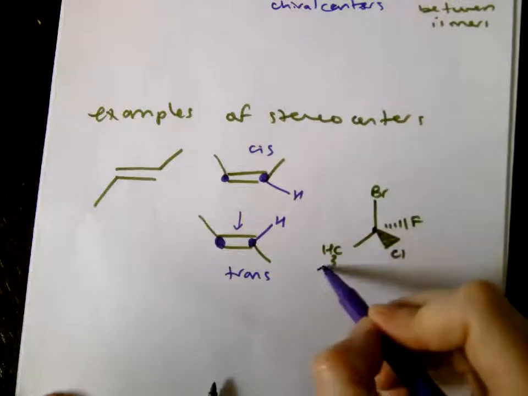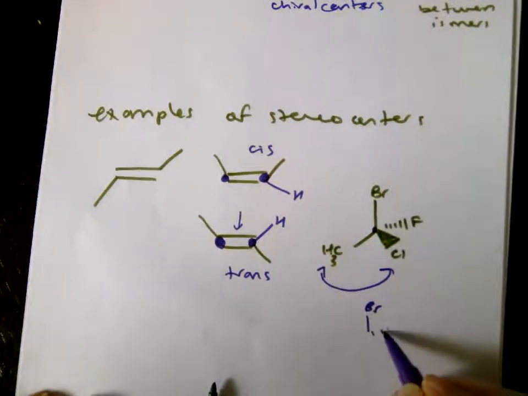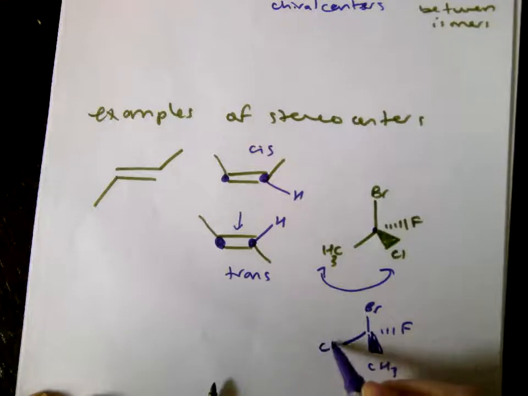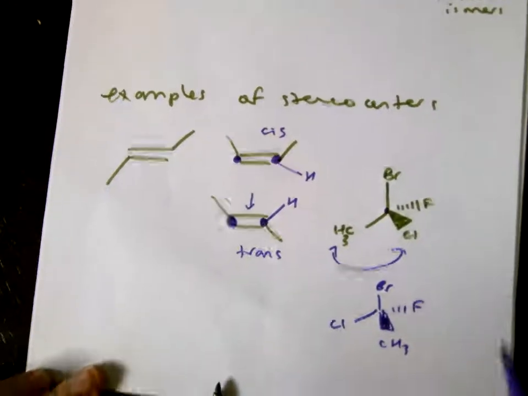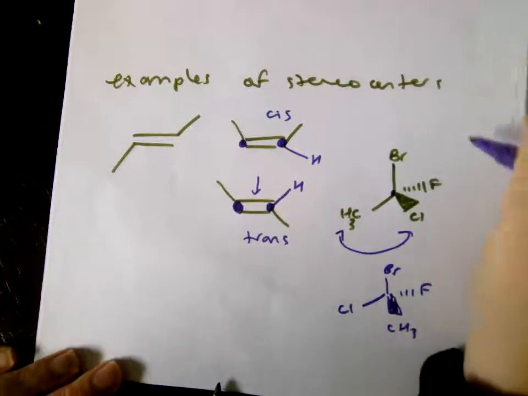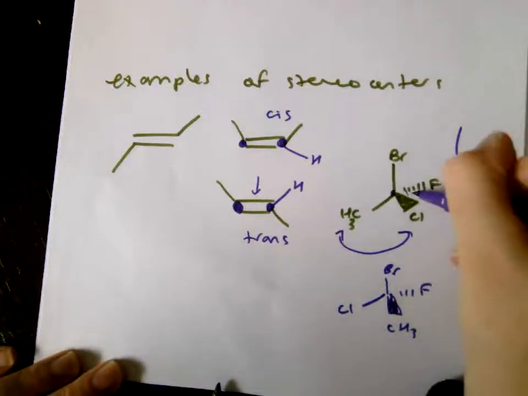Because if I swapped out two of these groups, it changes between the R and S notation. So I'll just go ahead and draw that for you. I'm pretending like I'm looking at it from between these two.